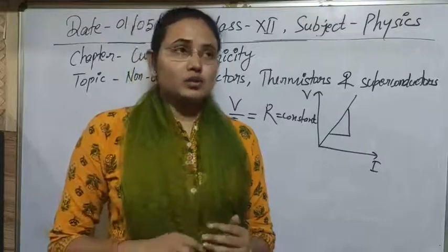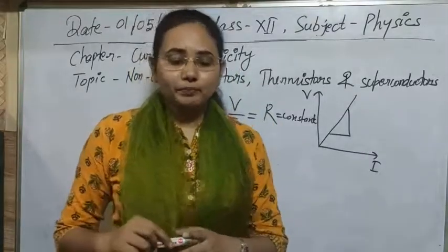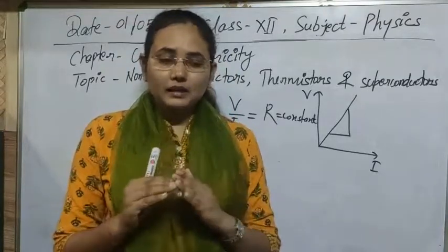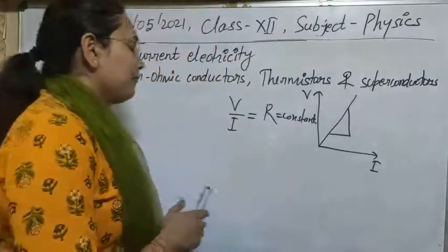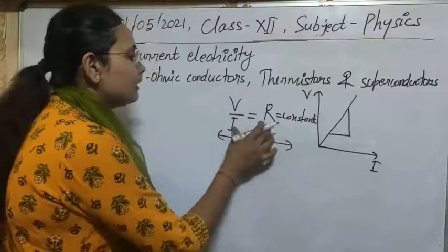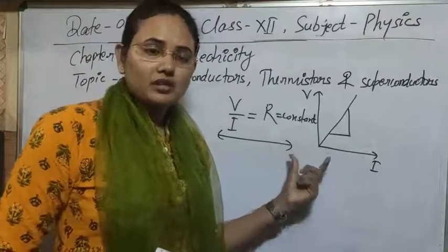Clear? So simple. One more thing you have to keep in mind: Ohm's law is not followed everywhere. Ohm's law fails when V by I is equal to R, this constant, is not obtained as a constant value everywhere.